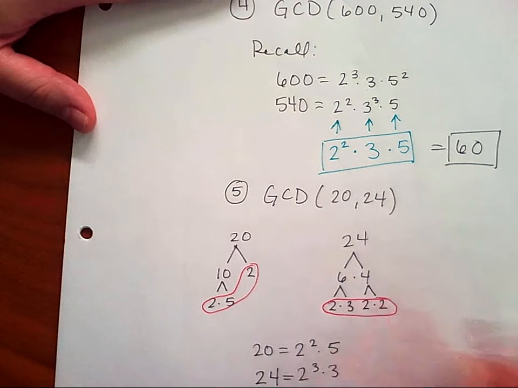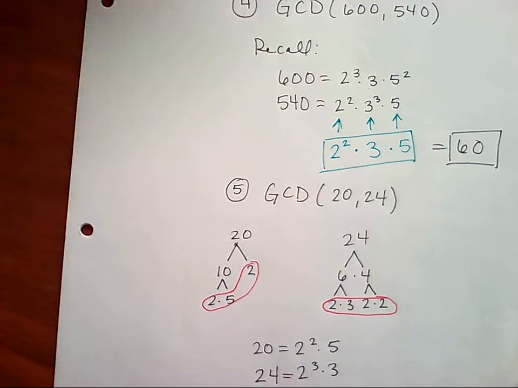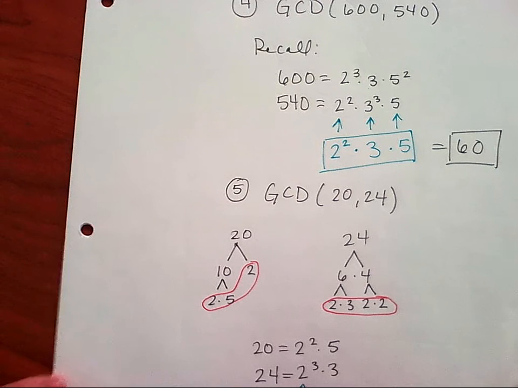Let's go through and read what we just wrote again. The GCD is the largest natural number that divides both. And what I underlined to find it is the smallest power that appears in the prime factorization of both. So I'm looking for the prime factors that are in both, and I'm taking that to the smallest power. 2 is in both, 2 squared. 3 is not in both, so I'm not looking at that. 5 is not in both, so I'm not looking at that.